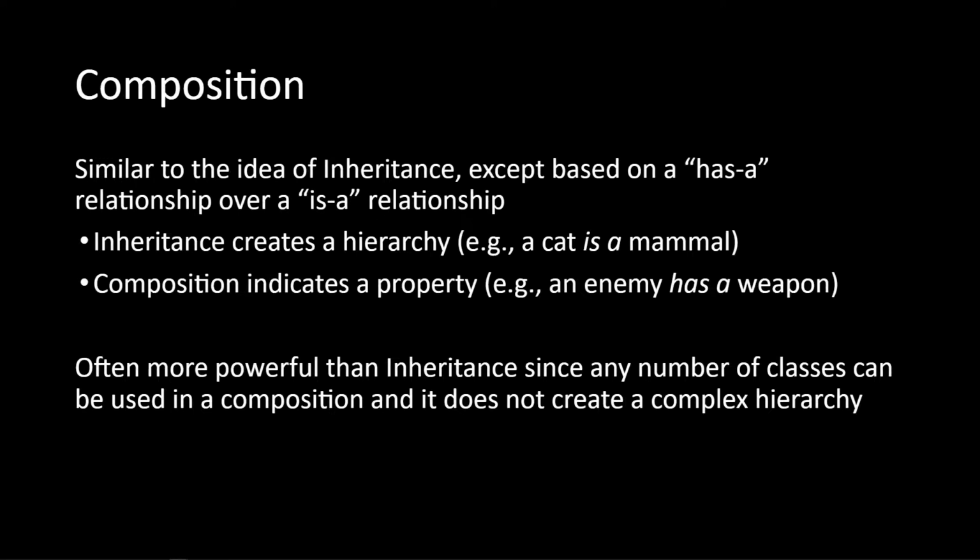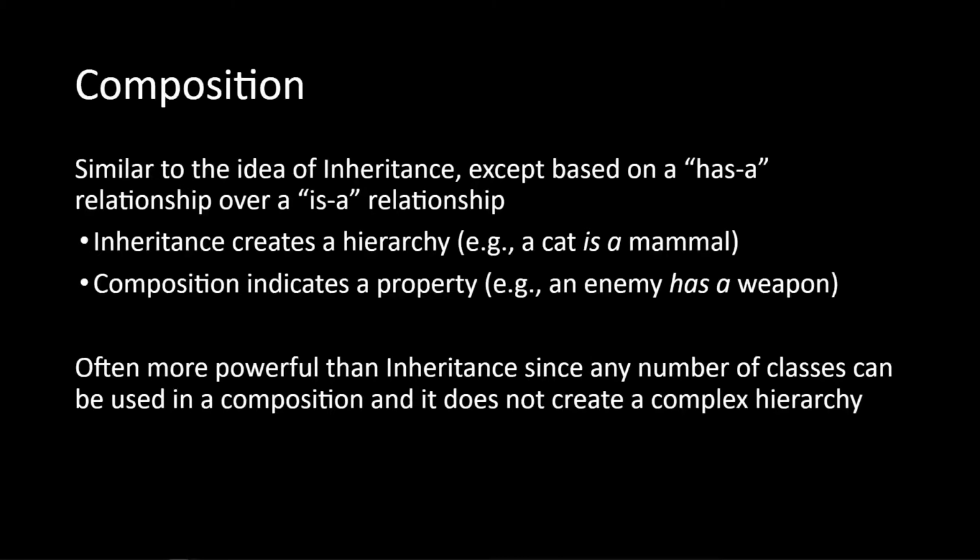So composition is similar to the idea of inheritance, except it's based on what is called a has-a relationship as opposed to an is-a relationship, right? So does this object have a certain sort of component within it, as opposed to, is it a type of component? Inheritance creates a hierarchy whereby a cat or a dog is a mammal.